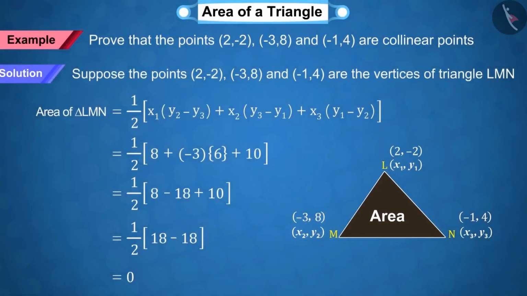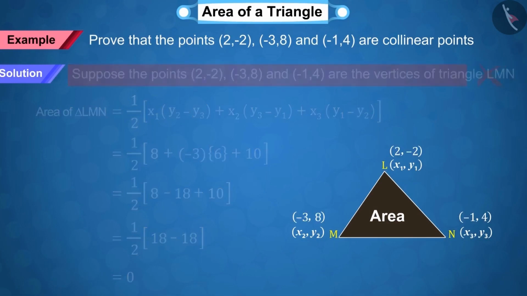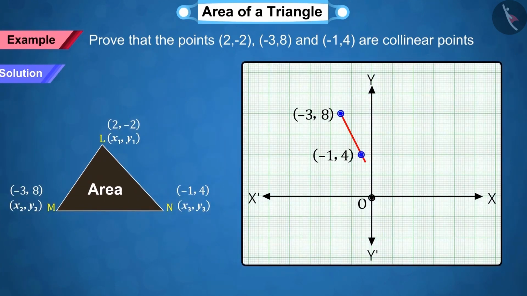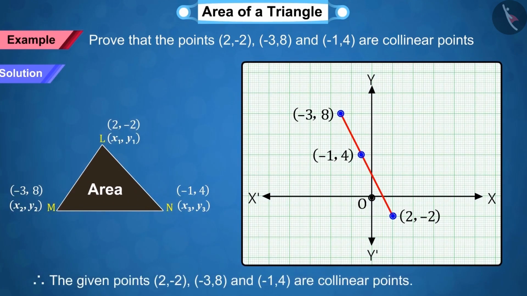So, we can say that our assumption that the given points are the vertices of a triangle is wrong. Hence, the given points (2, -2), (-3, 8) and (-1, 4) are the points on the same line. That is, they are collinear points.